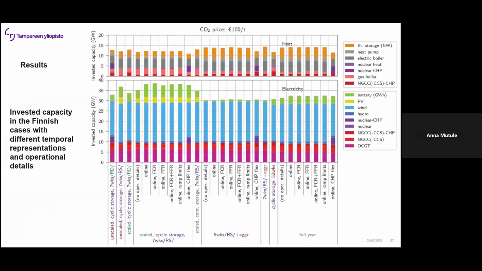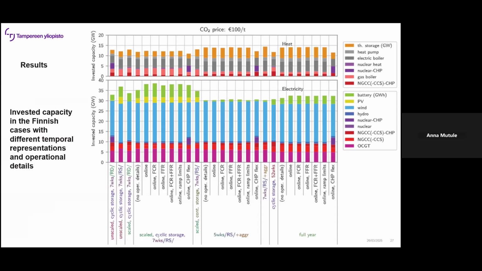These charts show how investment outcomes in the case vary depending on the temporal resolution and operational detail used in the model. The results highlight that modeling choices matter, especially for systems with strong sector coupling like CHP. More detailed representation can lead to lower system cost and better informed decisions.